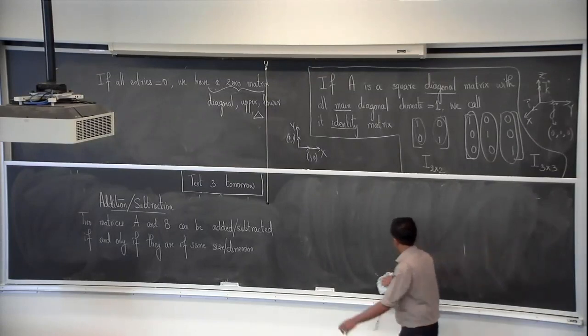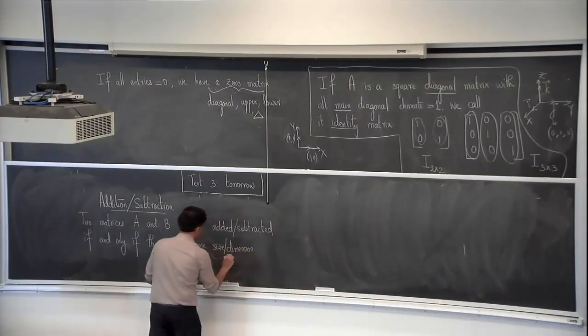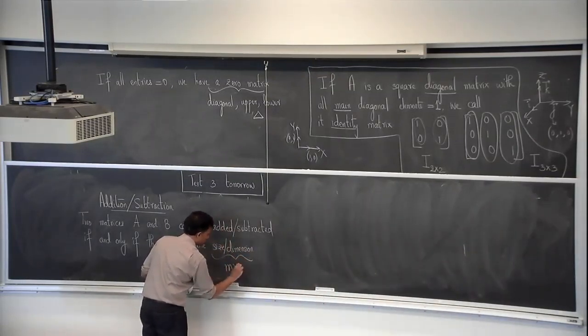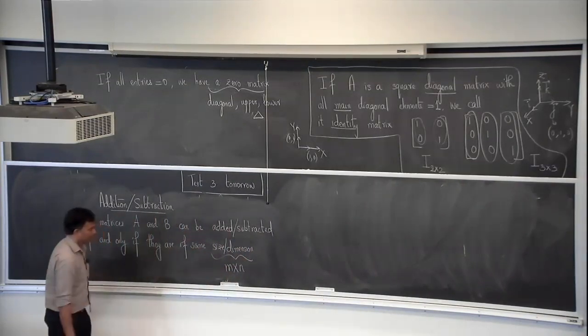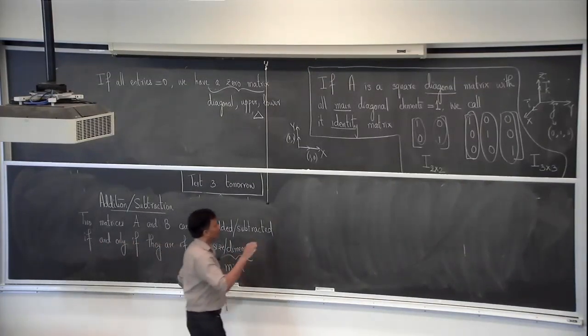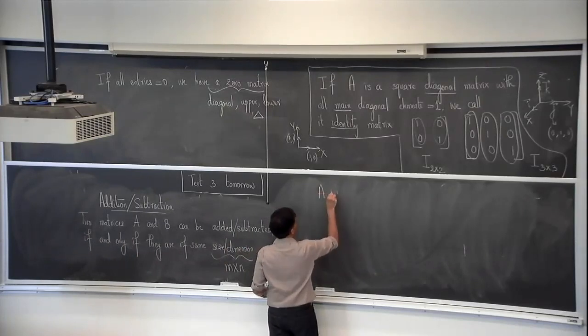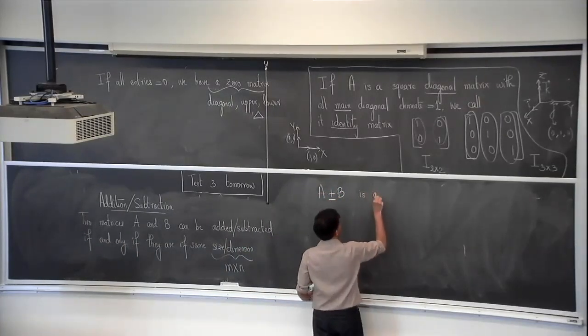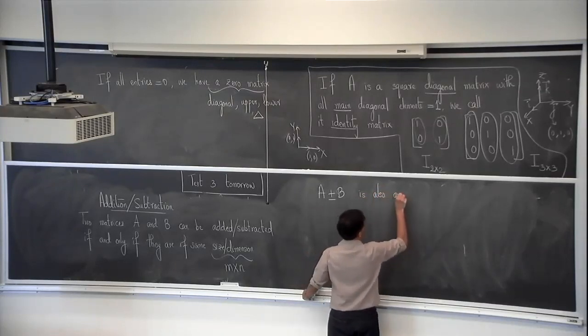So when I say same size or dimension, there must be m rows and n columns, whatever m and n are. And the sum A plus B or the difference A minus B is also an m by n matrix.